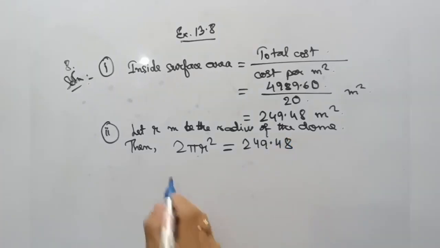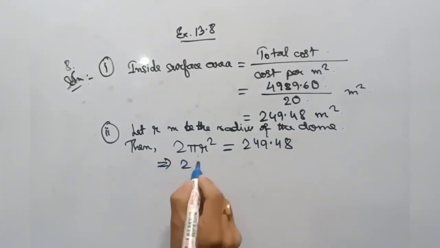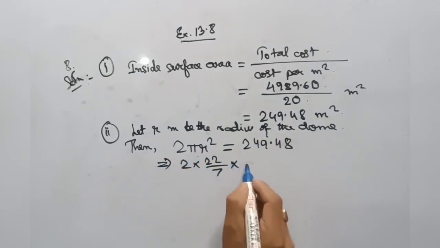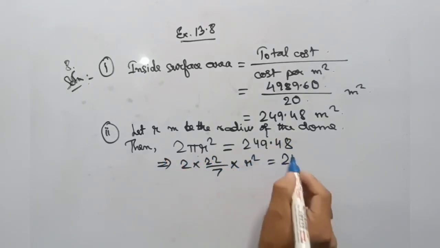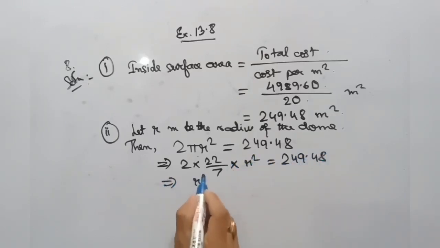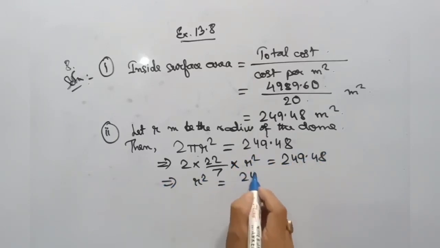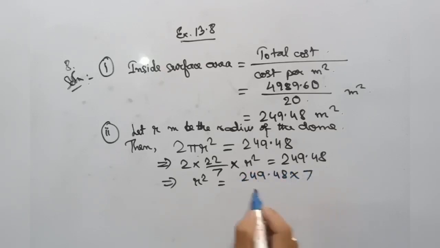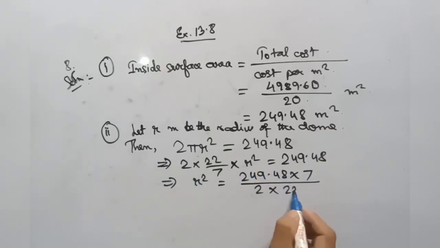So this will be equal to 249.48. This implies 2 into 22 by 7, the value of pi is 22 by 7, into r square equal to 249.48. This implies r square equals 249.48 multiplied by 7 divided by 2 into 22.